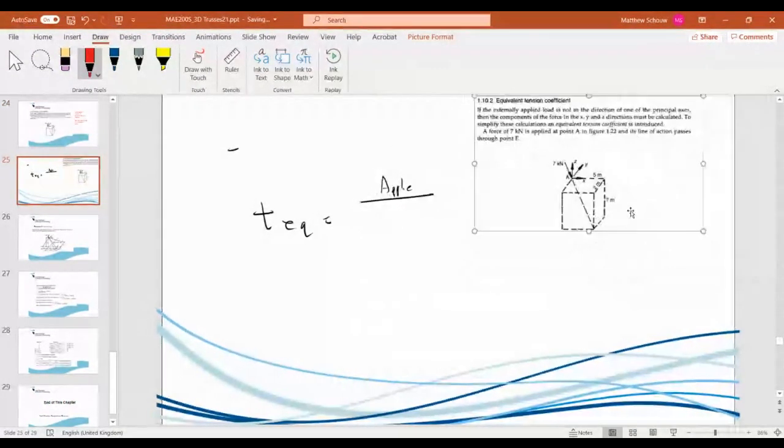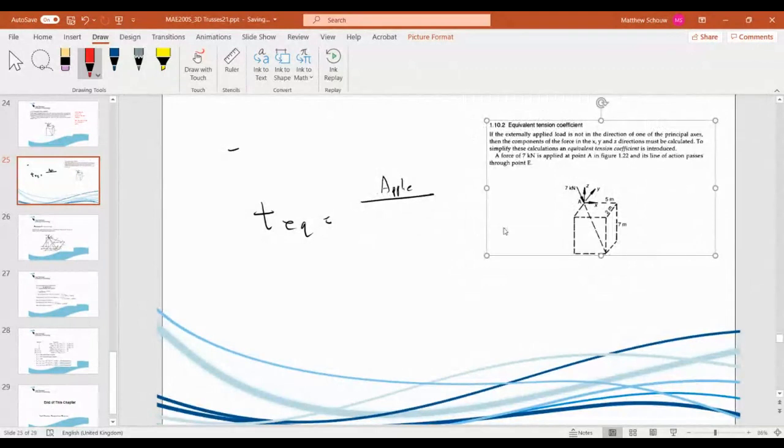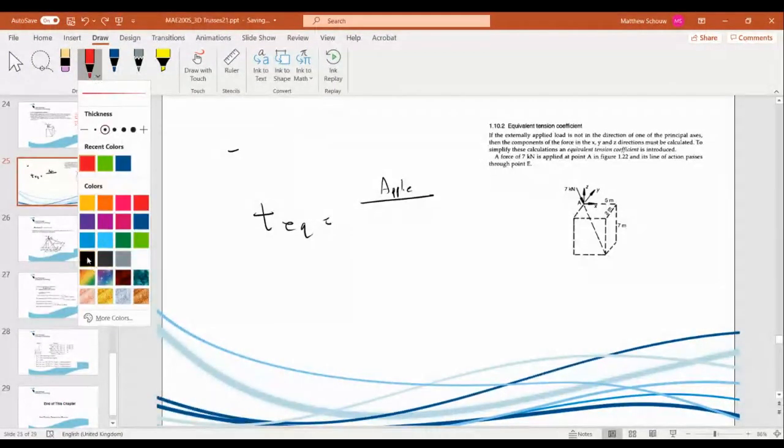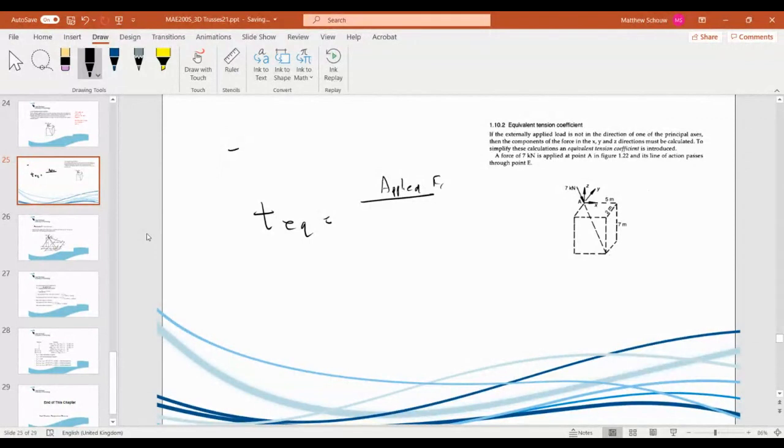We have a picture of it there in the corner, and then the applied force divided by the distance between the points, right? So it's essentially the length, the distance between points.